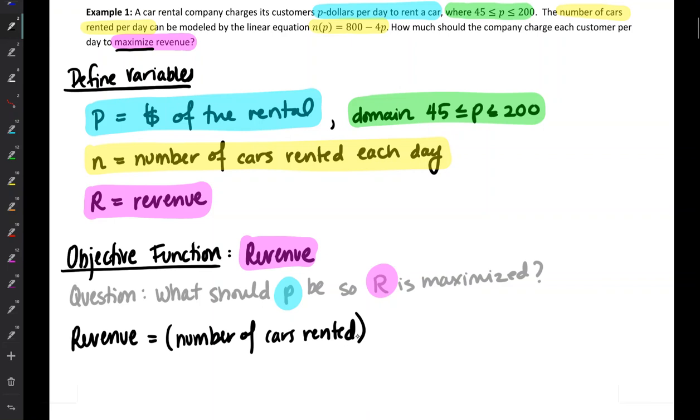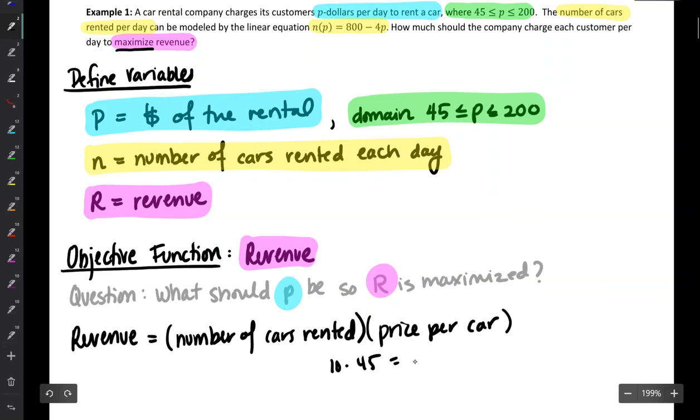It would be the number of cars, 10, times the $45, the price per car. So I would be bringing in 10 times 45, I would be bringing in $450. All right, so revenue is equal to number of cars rented times the price per car.